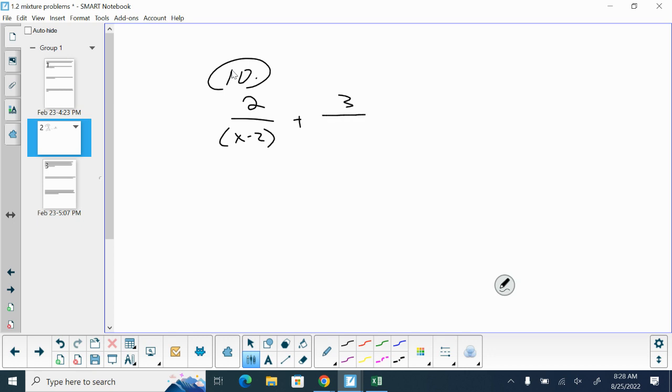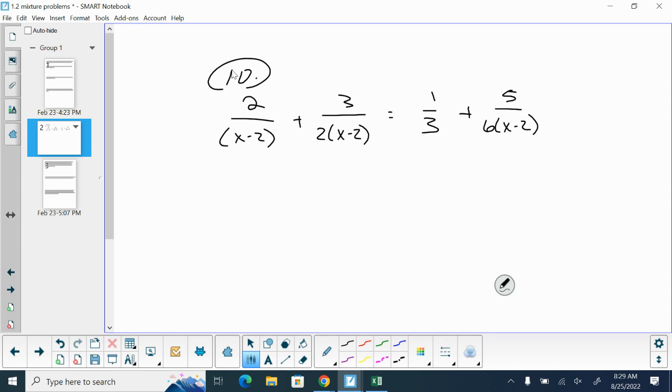I'm going to factor out the 2 there, and I'm going to factor out the 6 there. So I have all the factors down there.